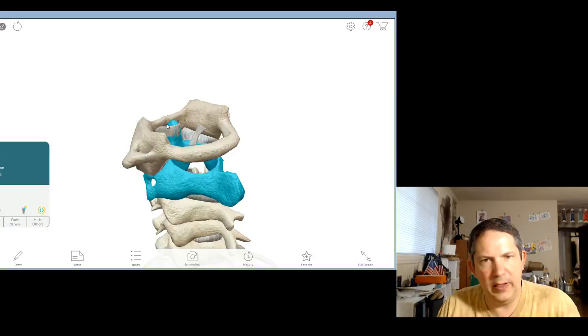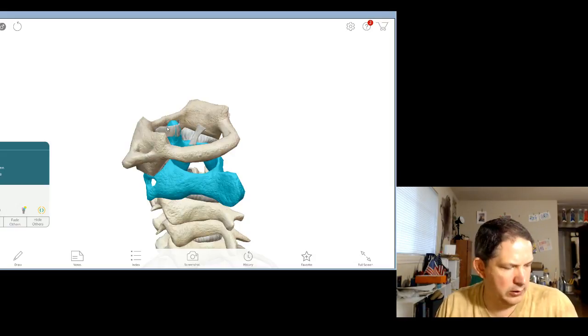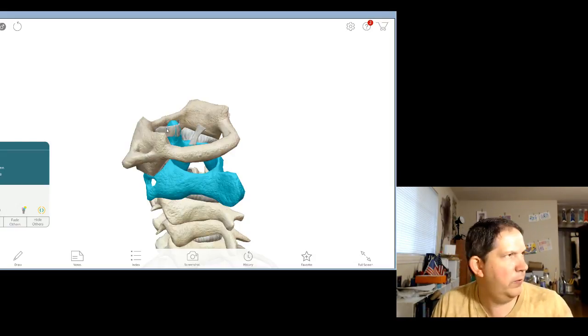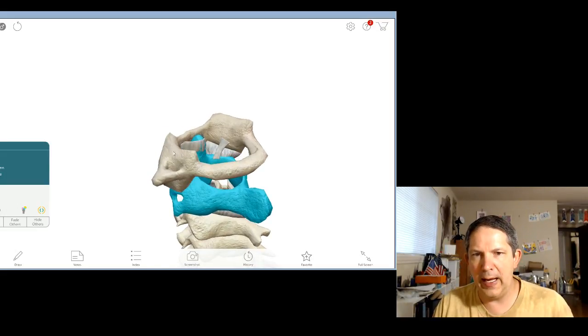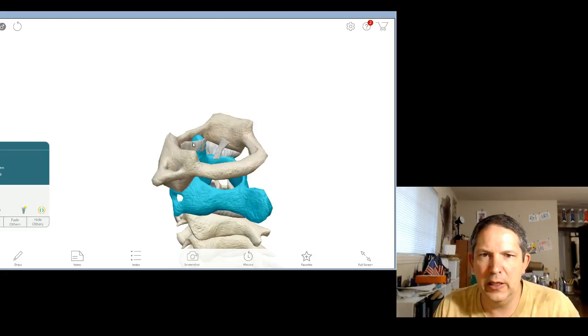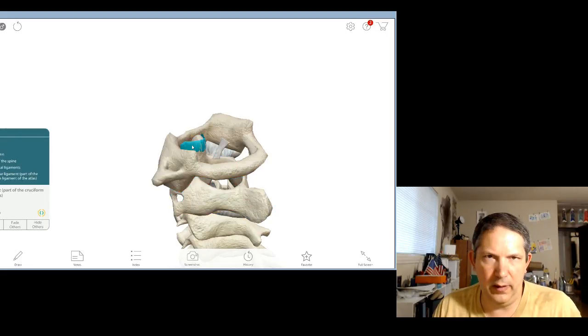It helps hold that in place as we do this motion. So we go back and forth. We say no, no, no, no, no by rotating our head and the atlas around the odontoid process of the axis. And this ligament helps hold it in place.